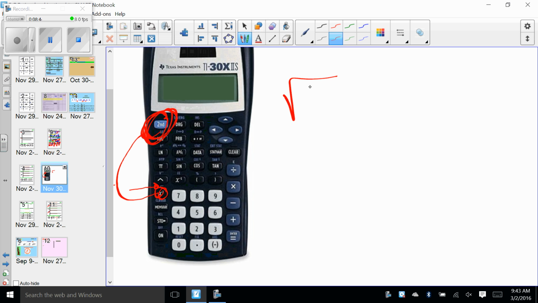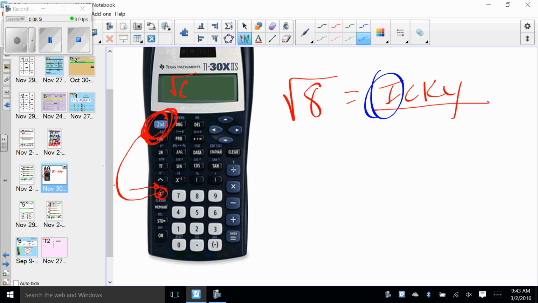If I took the square root of, let's say, 8, you would type that in. You should get a square root with a bar on your screen. Type 8 equals, and you'll see an icky decimal. It's irrational, no pattern, doesn't stop. So again, you hit the second button and then click on the button to the left of the 7 key, and that gives you your square root symbol. Then just hit equals.